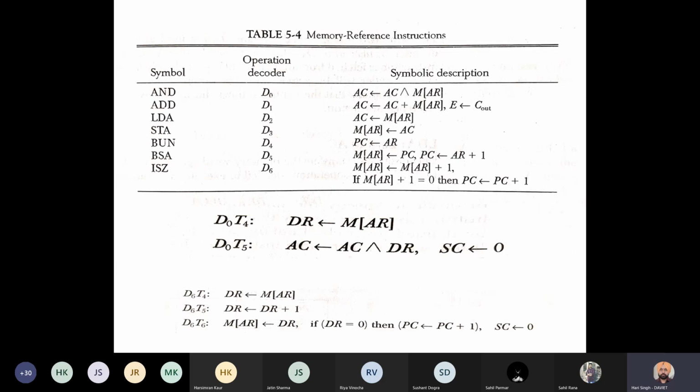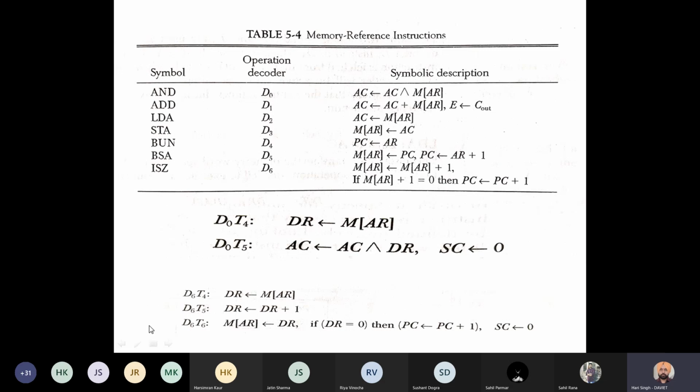But in microprogram control, a microprogram for each instruction is available in the control memory of the control unit, and that microprogram is used to perform the micro operations. So this is the basic difference.